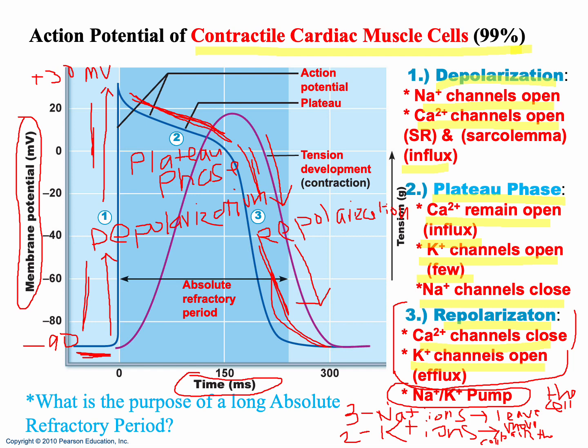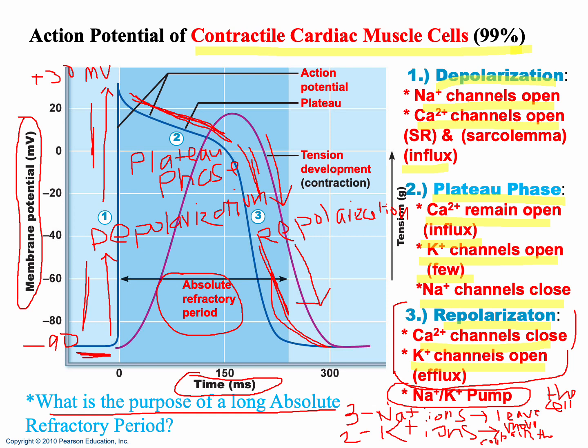You might be wondering, well, Chris, what is this question about here? What is the purpose of a long absolute refractory period? Remember that we talked about this back on the first part of this chapter. The absolute refractory period is the time frame where the action potential is being fired.